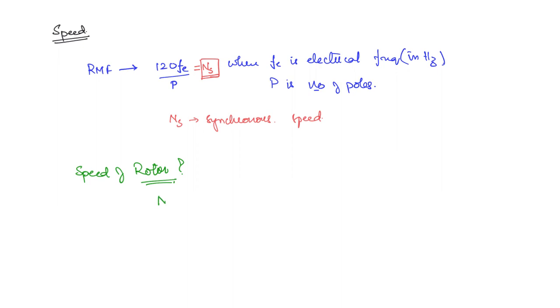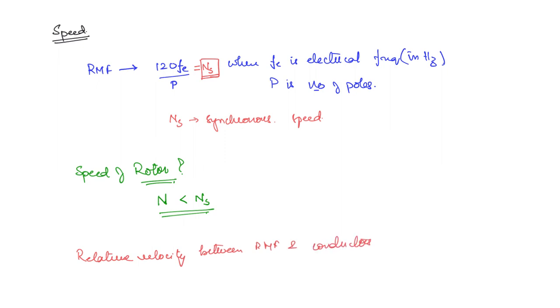This speed, if you take as n, then this will always be less than the synchronous speed. Only then the motor will run. So why is that? We know that the induction motor is working in the first place because there is a relative velocity between what? Between the rotating magnetic field and conductors.